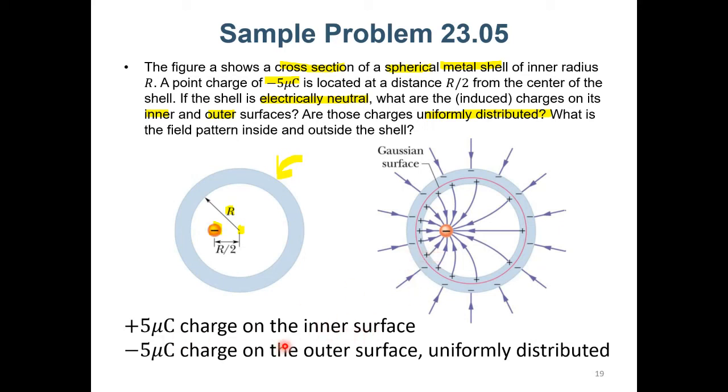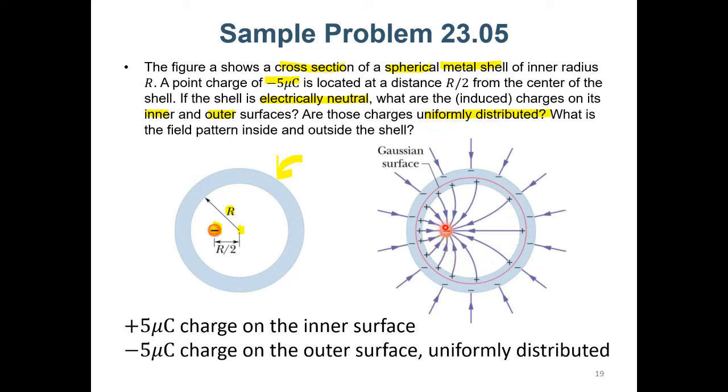So the inner surface should have an induced charge of positive 5 μC, and it is actually not uniformly distributed.